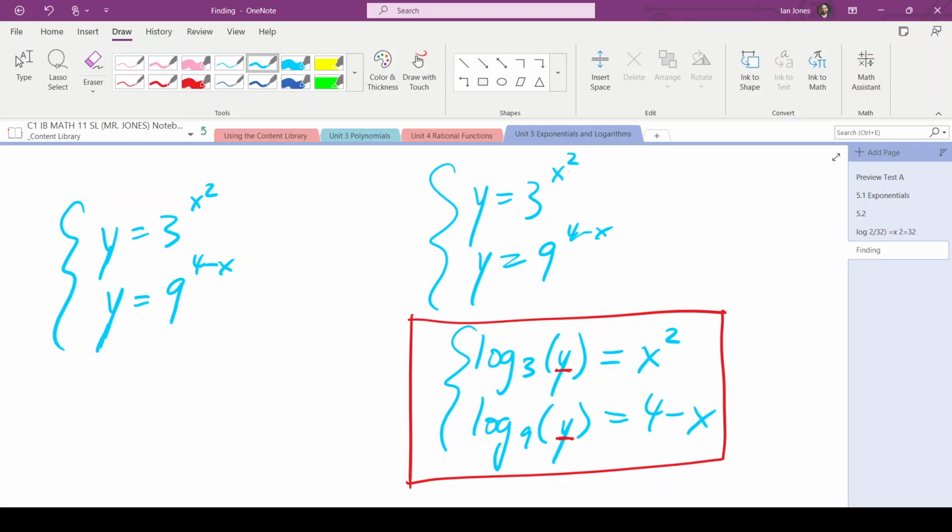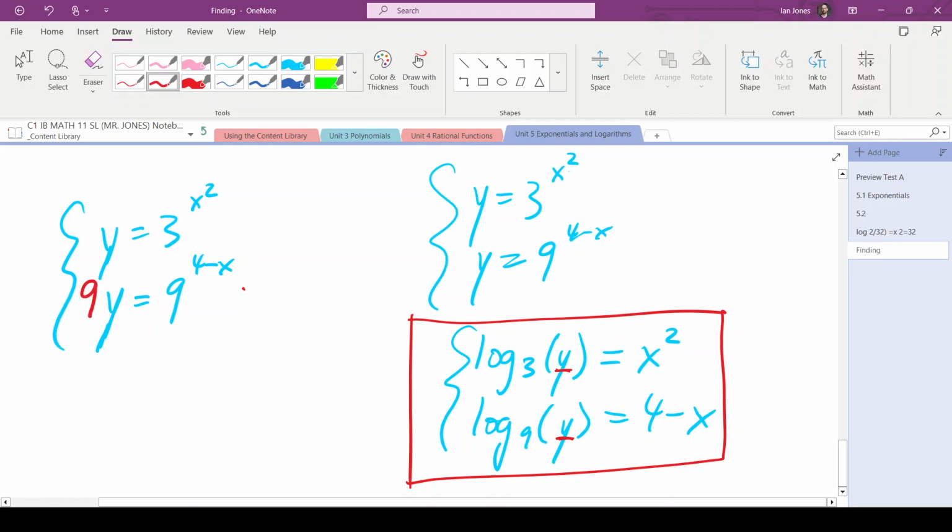Now, if I wanted to, let's suppose I wanted to introduce a 3 here. So I'm multiplying both sides. Let's make it a 9, because I'm looking at my base.